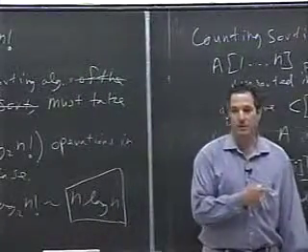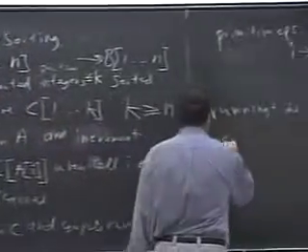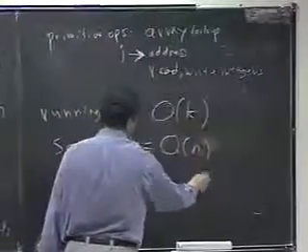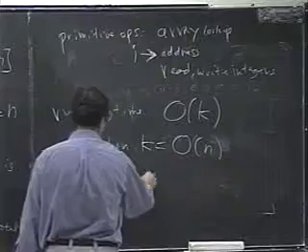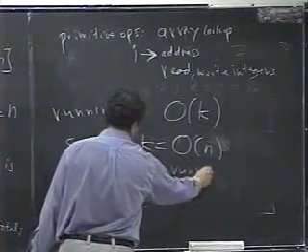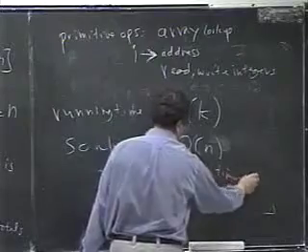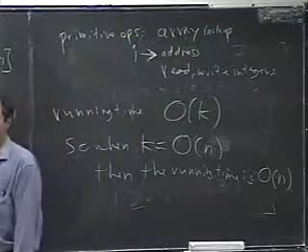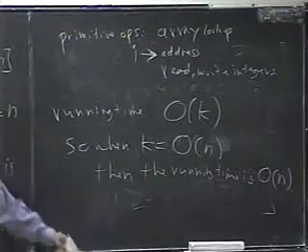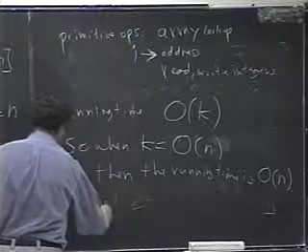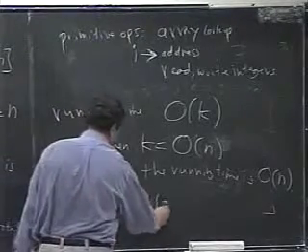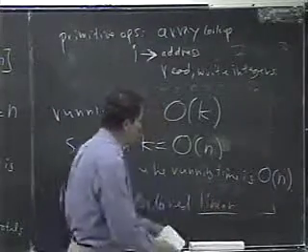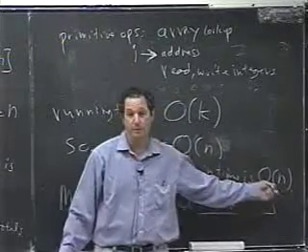But why this is considered linear time is if k itself is big O of n, then the running time is order n. And then this method is declared linear. Its running time is proportional to the size of the input. N was the size of the input.